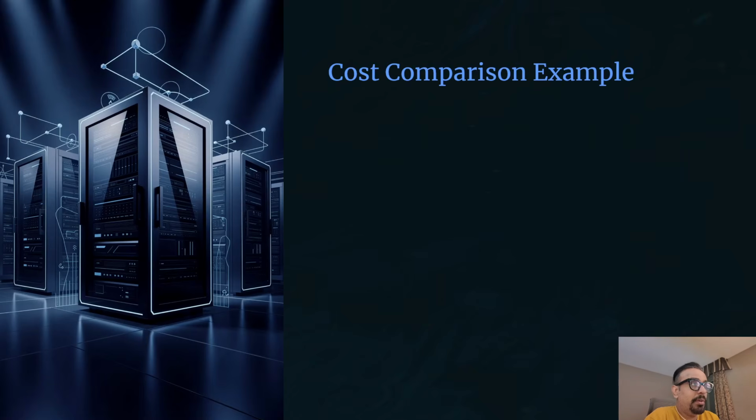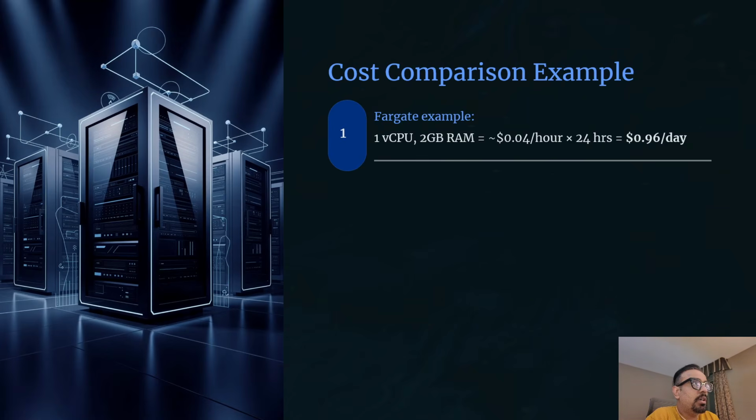So let's look at some real numbers with some cost comparison examples. So let's start with a Fargate example. A Fargate task with one CPU and 2 GB memory costs about 0.04 per hour for you, and running 24 by 7, that's roughly $29 per month for you. Okay.